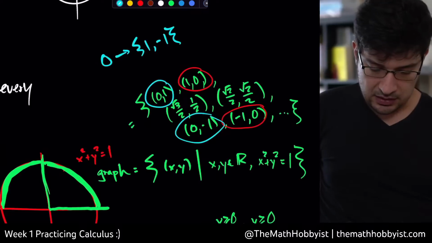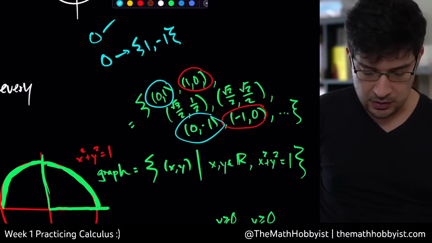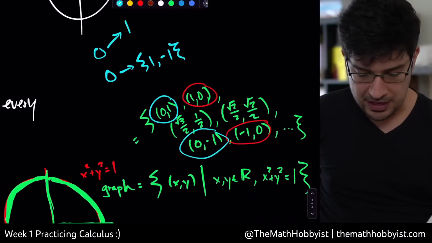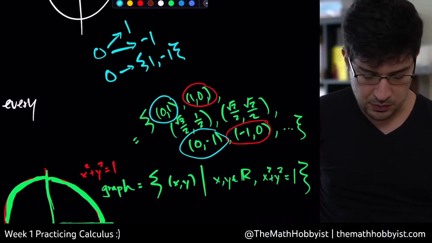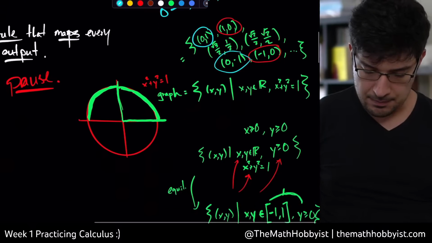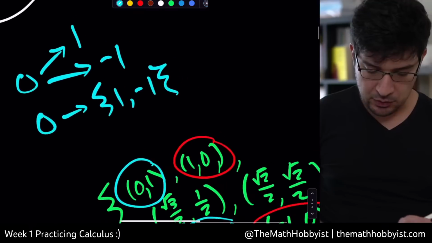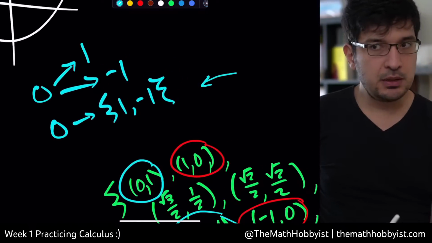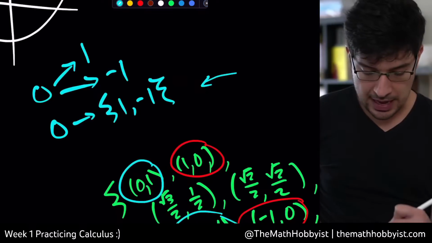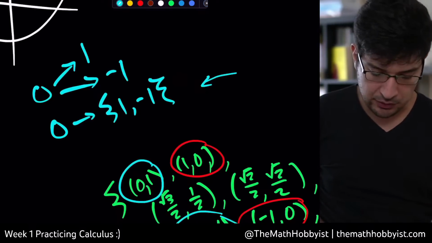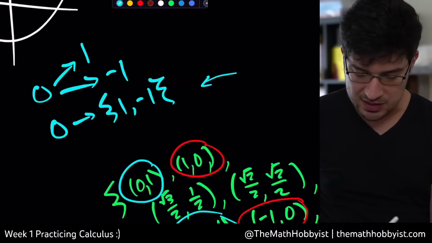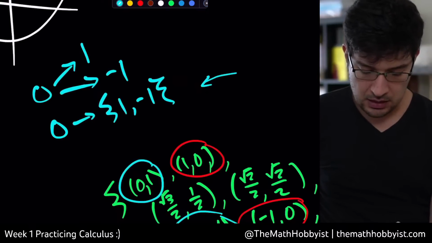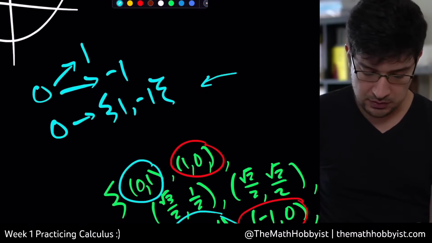So, or we could say, like, 0 has two different values, 1 and -1. There's a way to make this rigorous as a function, that it's not mapping to the numbers 1 and -1, but it's mapping to a set of solutions.